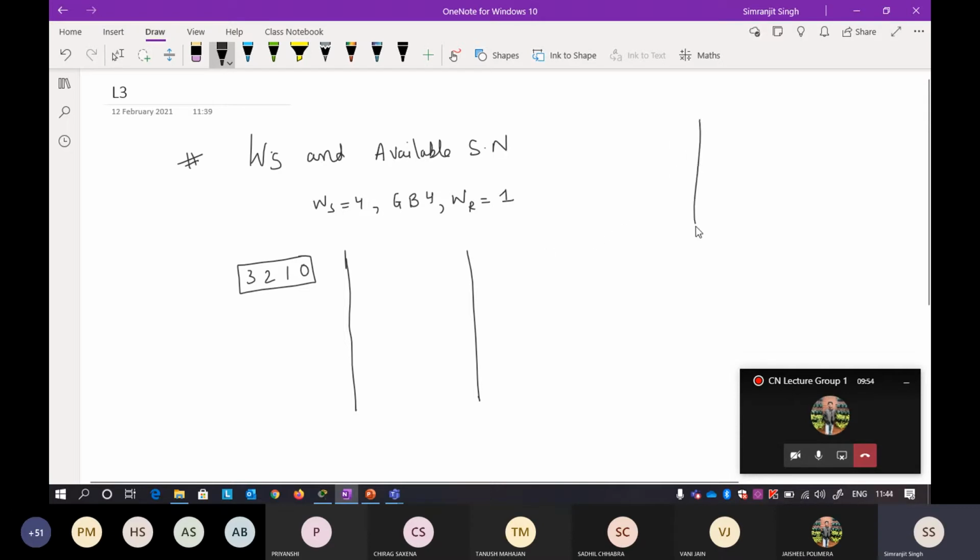If you're sending a packet and the acknowledgement comes back, suppose this is packet 0 and this is the acknowledgement of the packet, this is called an independent acknowledgement. It is not dependent upon any other acknowledgement, only upon the packet. So it's a single acknowledgement.